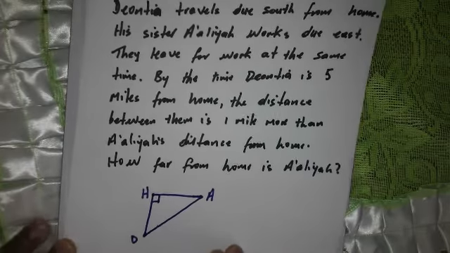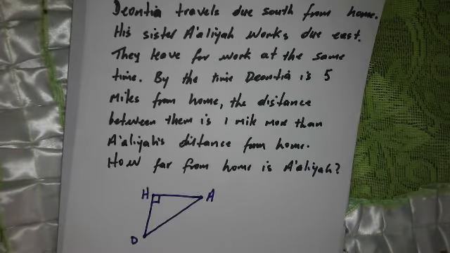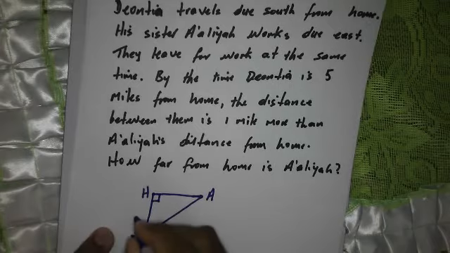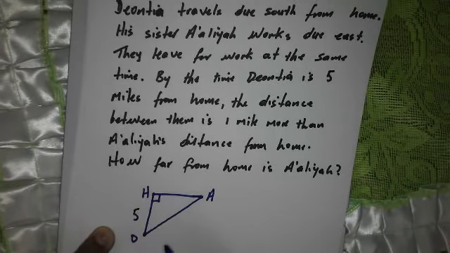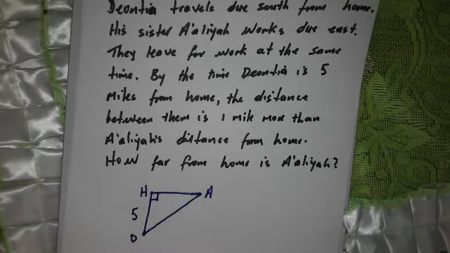Now let's put some data on this diagram. They leave for work at the same time. By the time Deontay is 5 miles from home, so this is home, this is Deontay, we put 5 right here. The distance between them is 1 mile more than Alea's distance from home.